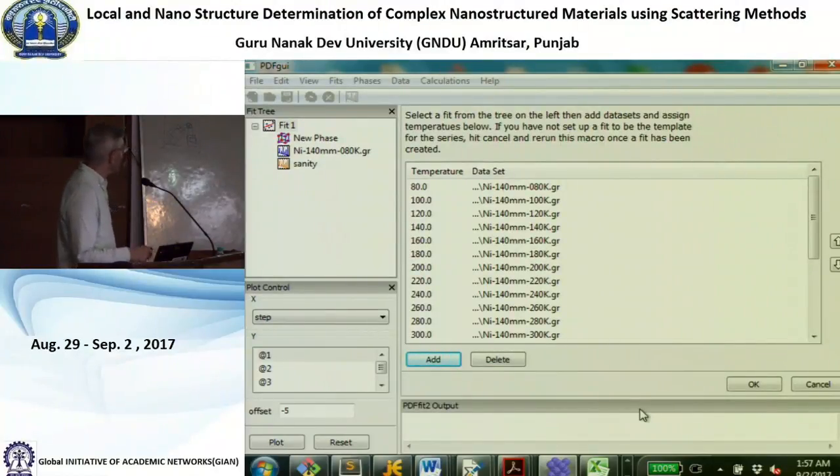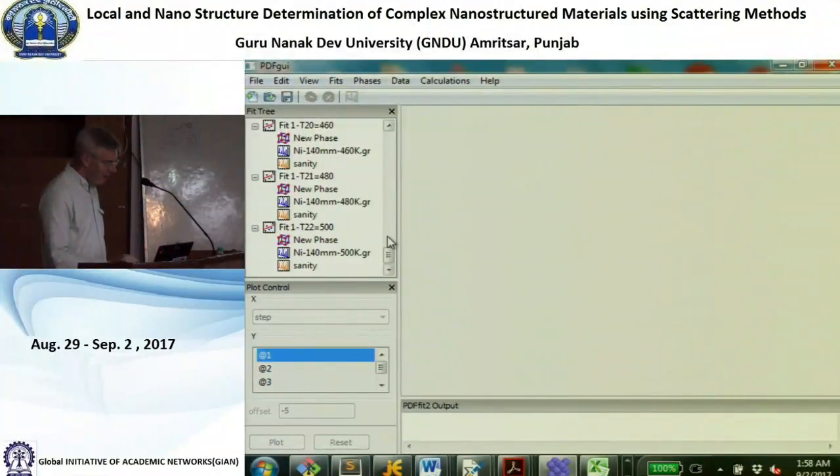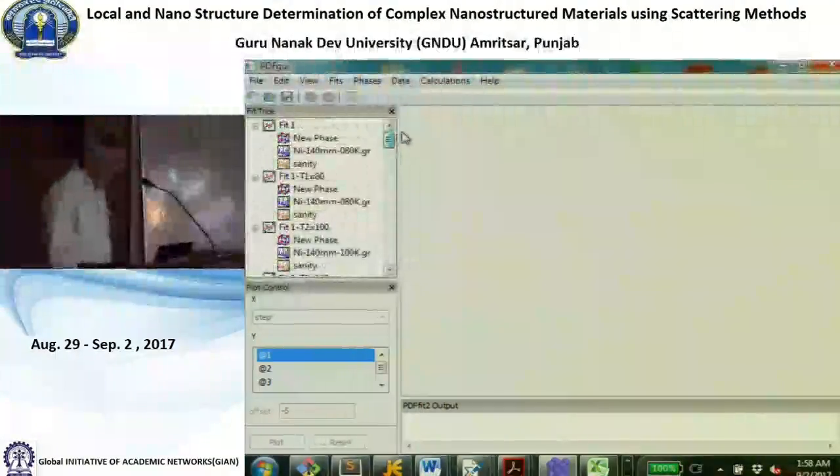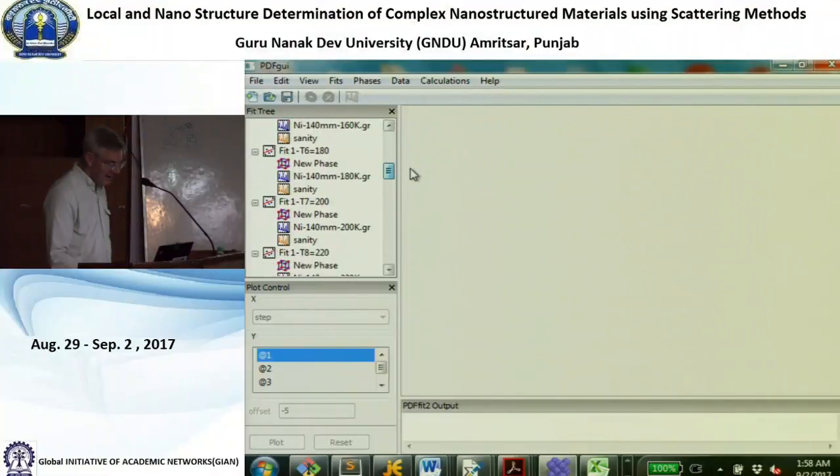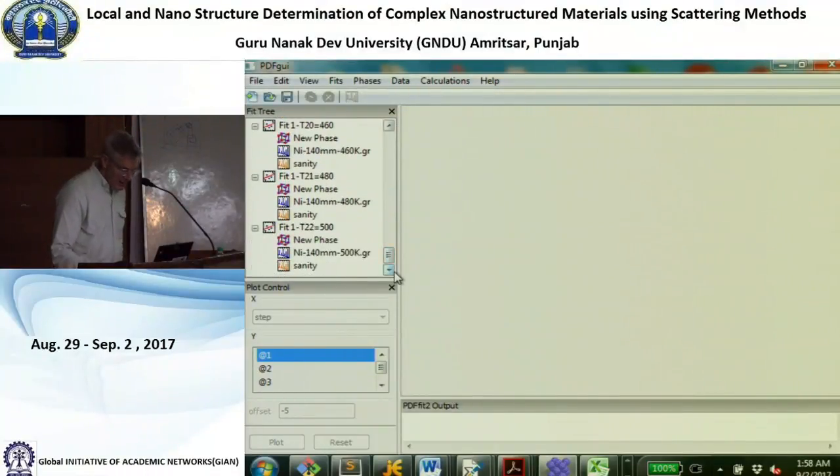Now something that we've done is that we've been very clever. So this is very nice. So we go OK. And now if we look at this fit pane over here, we have many fits in here, and so we can actually run them all sequentially.